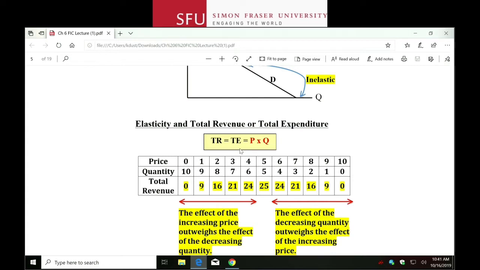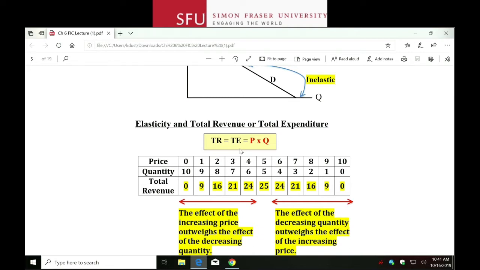The slope would be rise over run, so it would be change in P over change in Q, but then elasticity is a percent change. So you're going to get a different result, yeah.